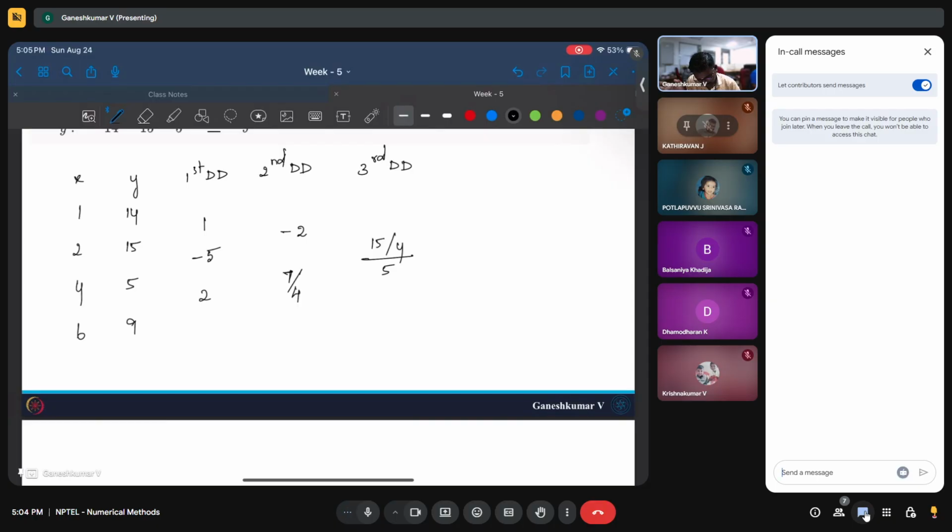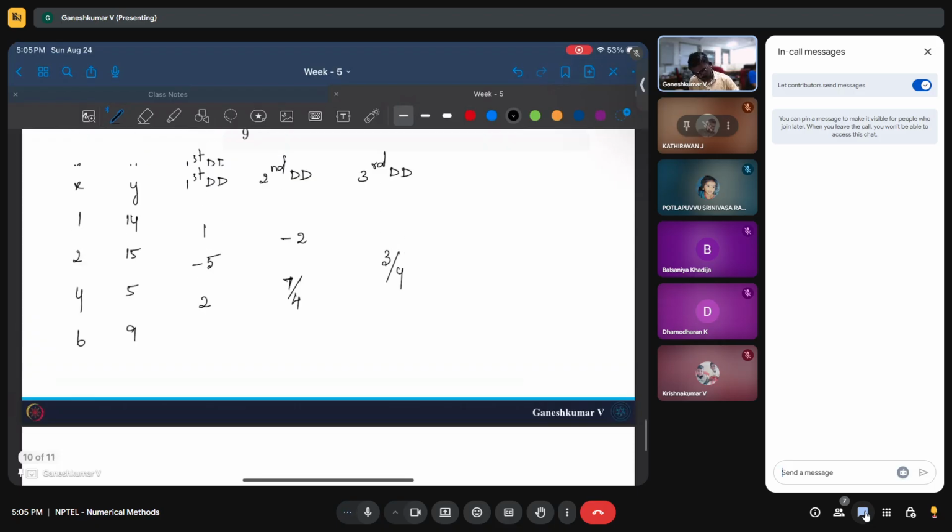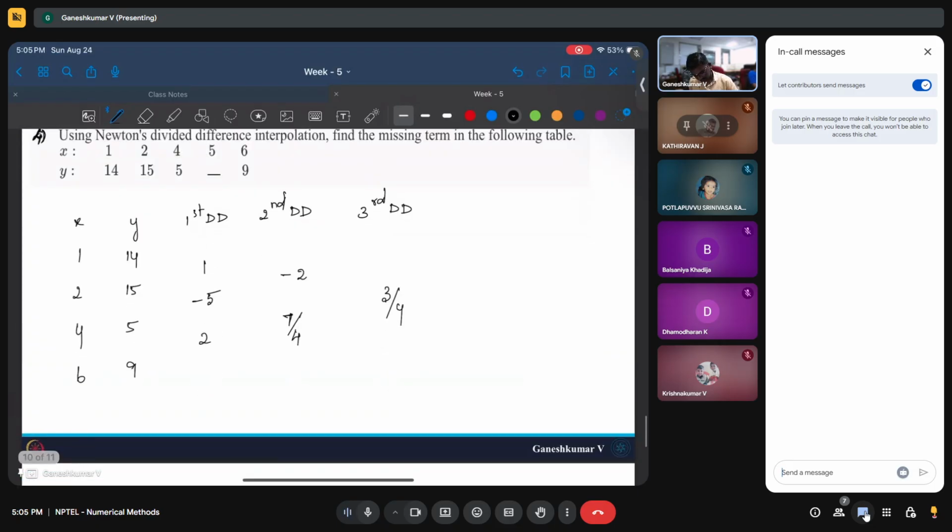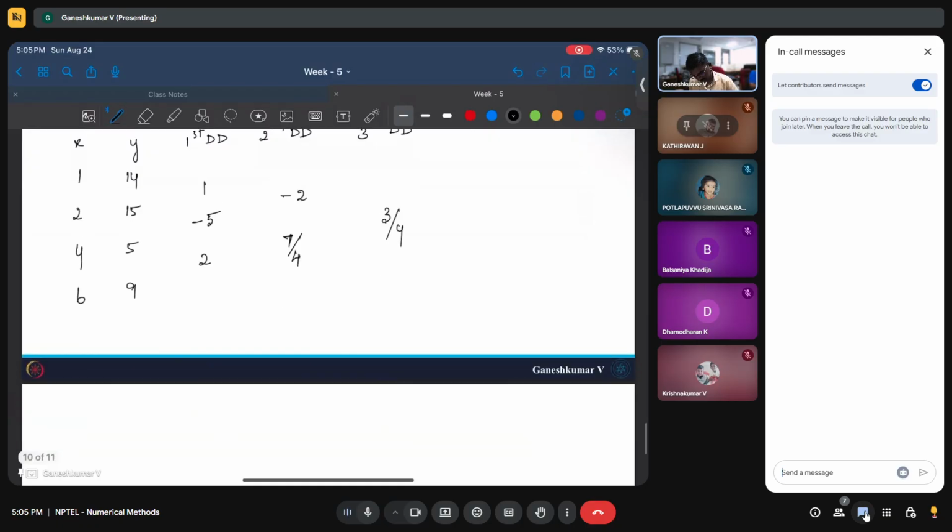Then 15 by 4 divided by 5, which is multiplied by 1 by 5, gives 3 by 4. I don't know why I took this much time to do this. So this is your divided difference table.